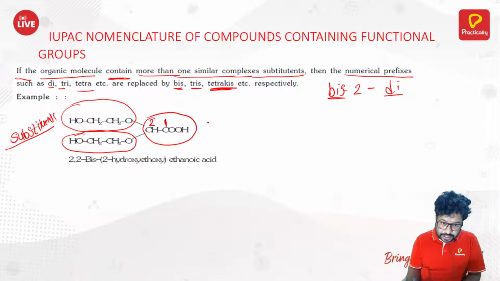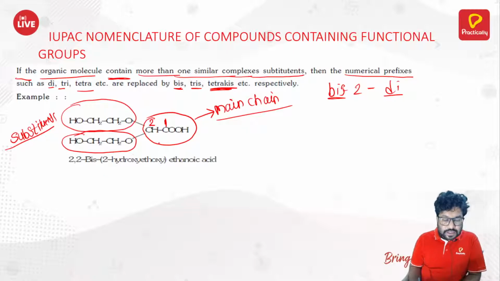And this is the main chain. So at the second position you got this. How do you name it? 2,2-bis, because there are two groups like that. So 2,2-bis(2-hydroxyethoxy).